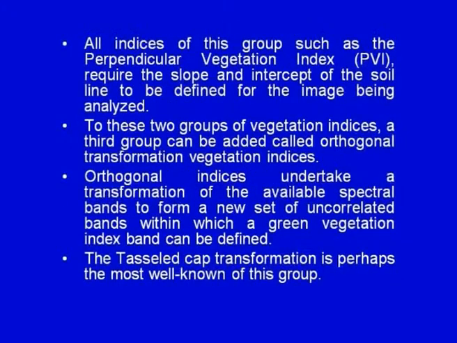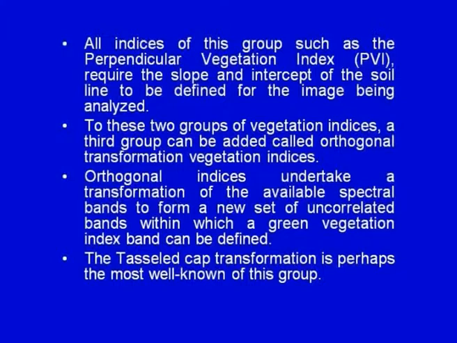All indices in this group, such as the perpendicular vegetation index or PVI, require the slope and the intercept of the soil line to be defined by the image being analyzed. To these two groups of vegetation indices, a third group can be added, called the orthogonal transformation vegetation indices.